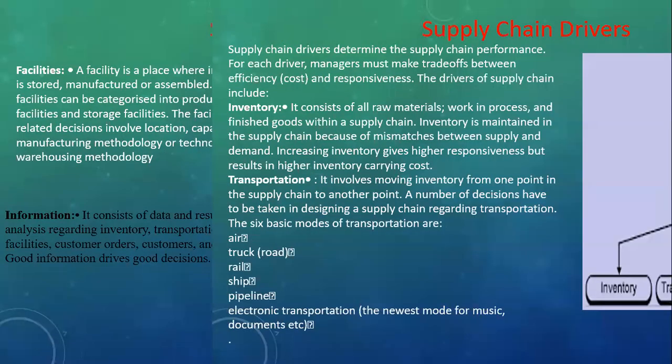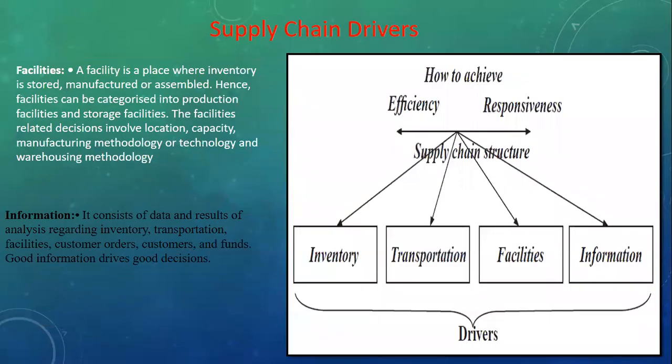Now third, facilities. A facility is a place where inventory is stored. We can call it a warehouse, where goods are manufactured and assembled. Hence, facilities can be categorized into production facilities and storage facilities. Space is occupied by raw material and finished goods.